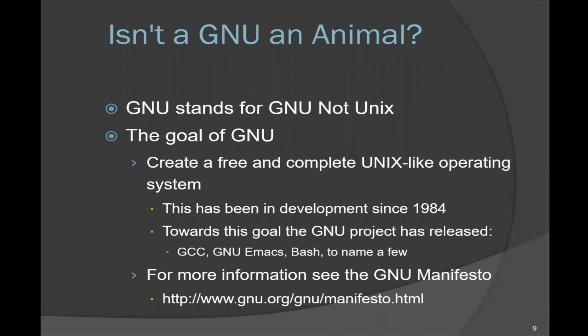The goal was to set up an organization that would support and launch open source products, and create a complete Unix-like operating system. They also released many projects like GCC, Emacs, Bash and many more. So GNU provides a license under the GPL for open source and freeware software.